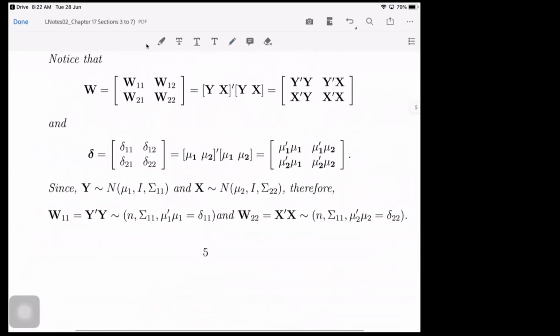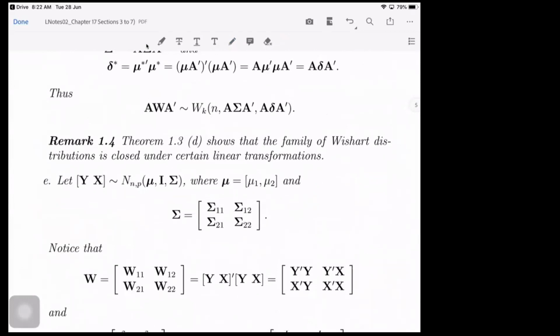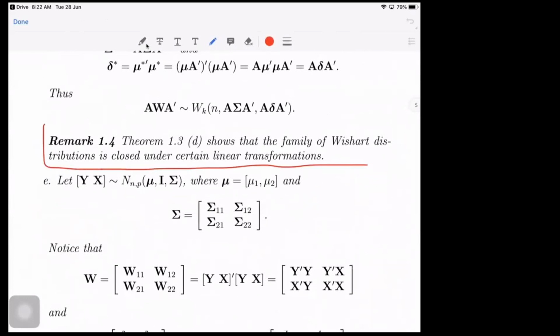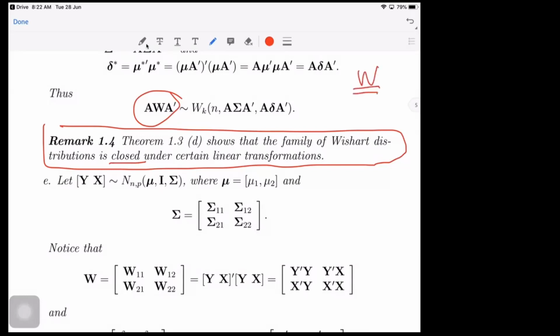I think I have one more remark here. This was about A prime. This theorem shows that the family of Wishart distributions is closed under certain linear transformations. So what you had is a W here, and you did some linear transformation by pre-multiplying it by A and post-multiplying W by A prime.